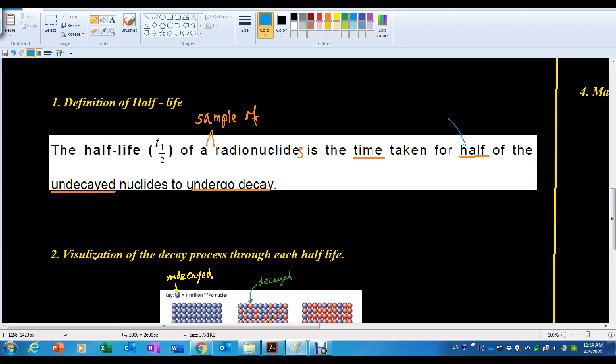This half can be on the number of undecayed nuclides, and it could be the mass of the undecayed nuclides. It could be the percentage of undecayed nuclides, and it also could be the activity of the sample.